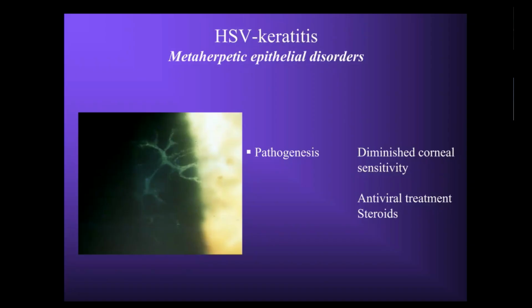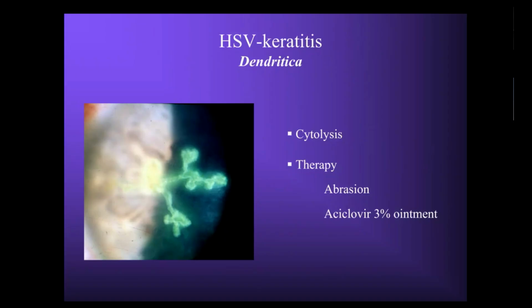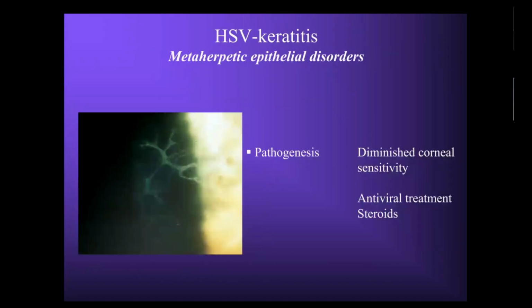And you could see here dendritic formation, but if you go back to one of my first slides, it really looks completely different from a dendritic ulcer with viral replication. And here, of course, we don't have to administer virostatic medication, but we have to do something for epithelial protection. That means lubricants.